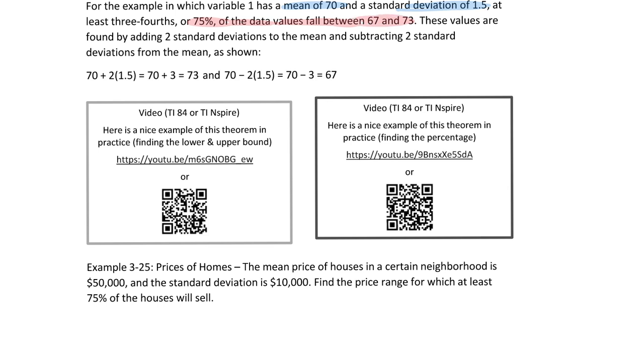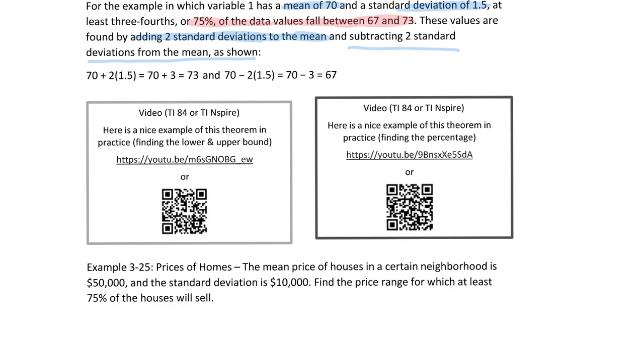These values are found by adding 2 standard deviations to the mean and subtracting 2 standard deviations from the mean, as shown.